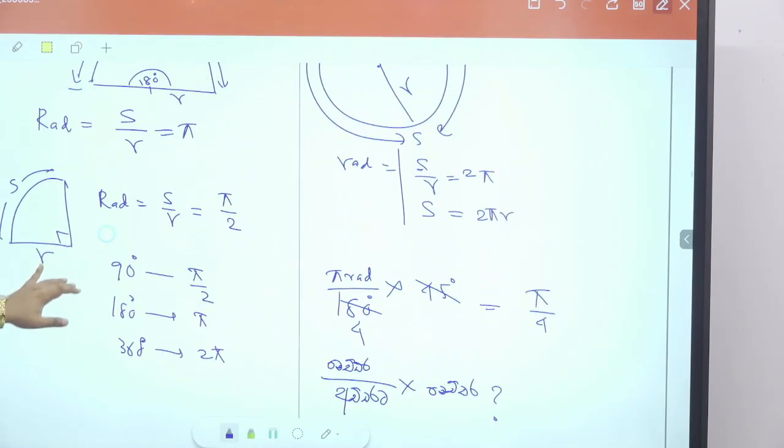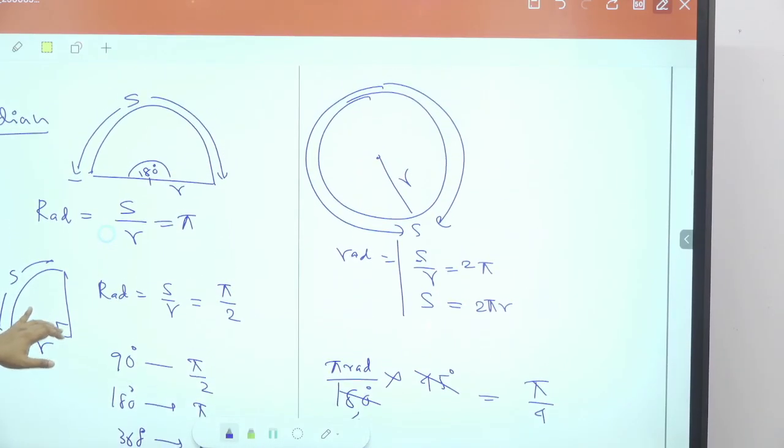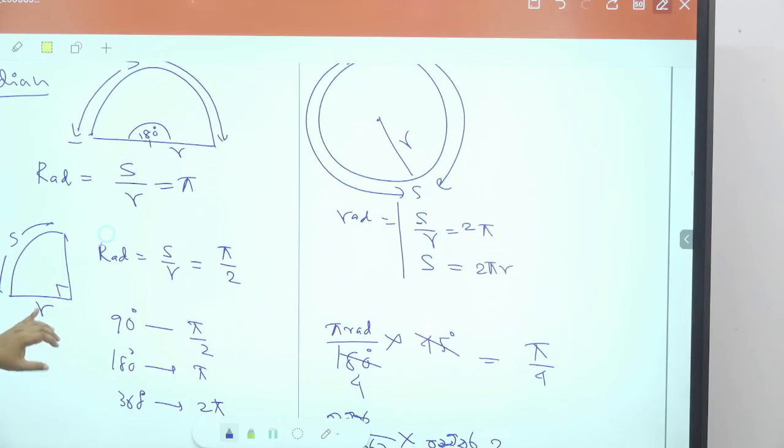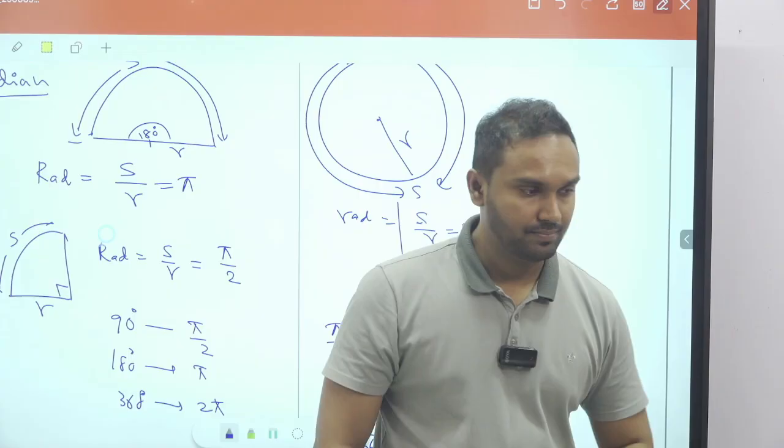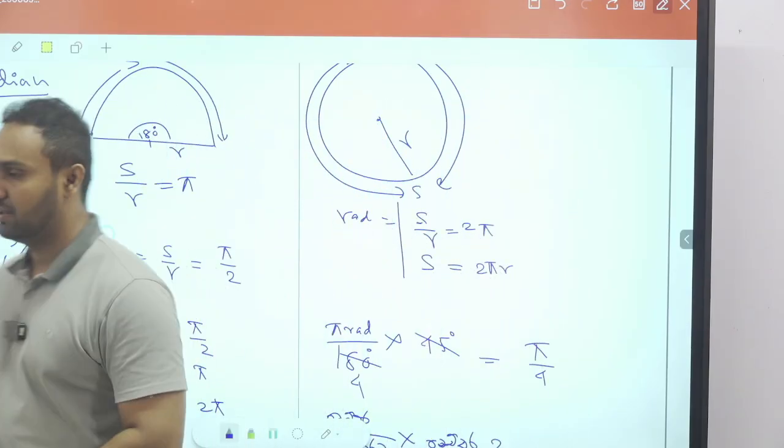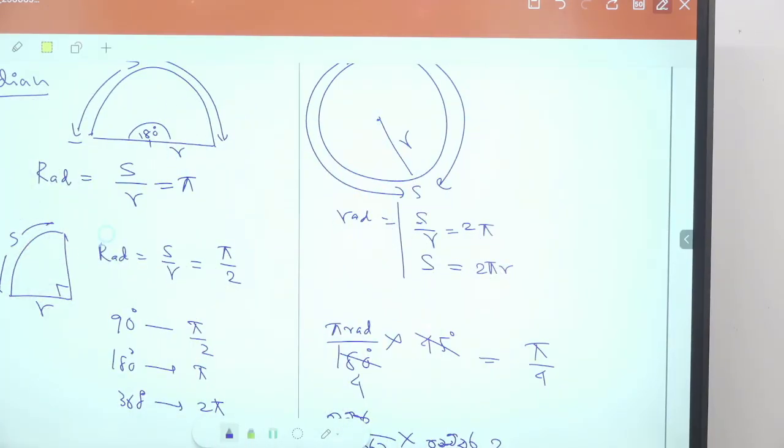Right. So shall we write down these theories in the first two boxes of the tute? Take the first two boxes of the tute and write down these things.